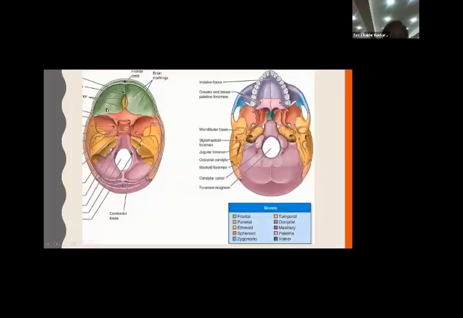जबकि this part of the skull, the interior of the skull, the cranial cavity, ये parts में frontal bones, ethmoid, sphenoid, lesser wings, body, greater wings, ये temporal bone, squamous temporal bone, petrous temporal bone, और ये सारी occipital bone.